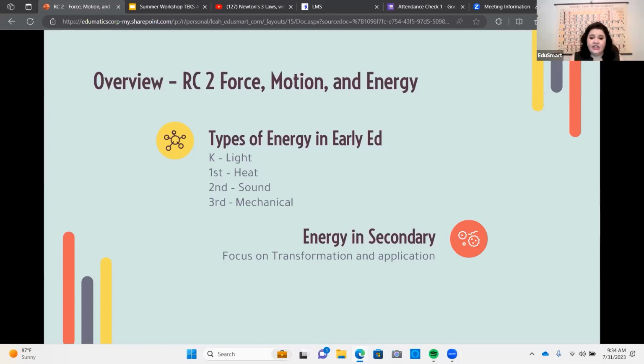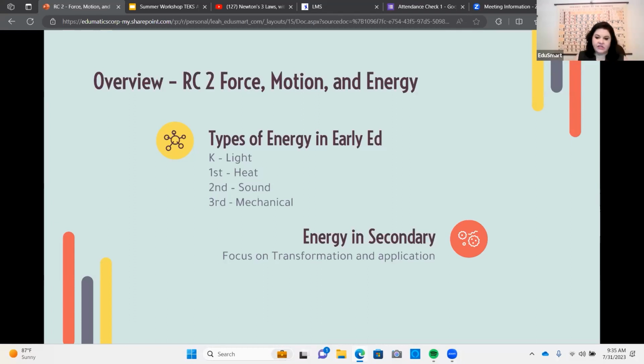In secondary, once you get past 3rd, kind of 4th grade, it just hones that a little bit, but it also talks about how energy is transformed or transferred. The law of conservation of energy has been completely removed, but the concept of transformation of energy is alive and well throughout the standards.